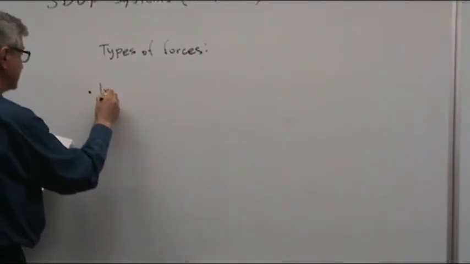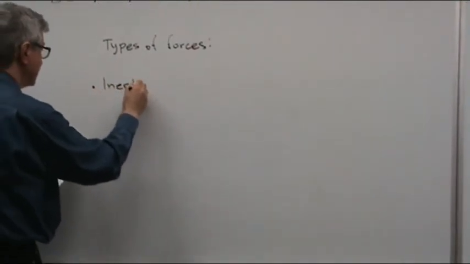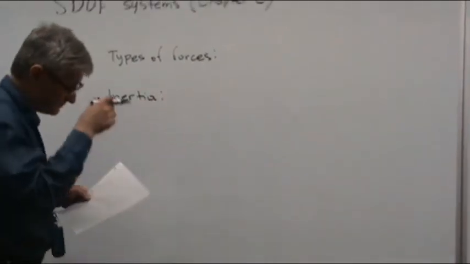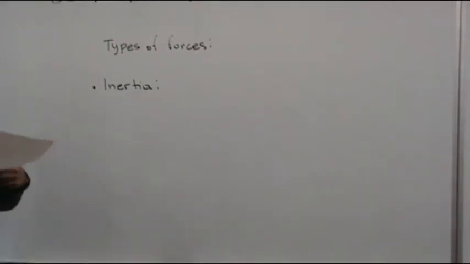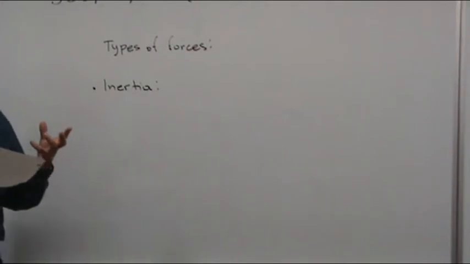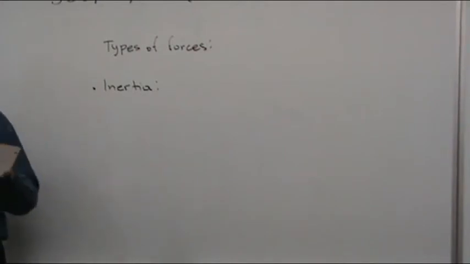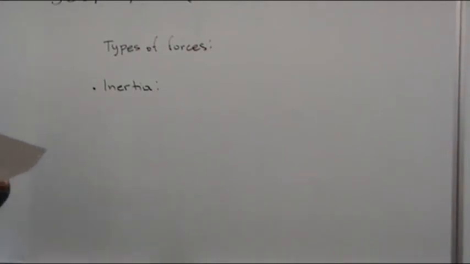Inertia. And inertia force is because of mass or maybe a moment of inertia. This is proportional to the acceleration. So you will see a term in your equation of motion that is proportional to the acceleration.